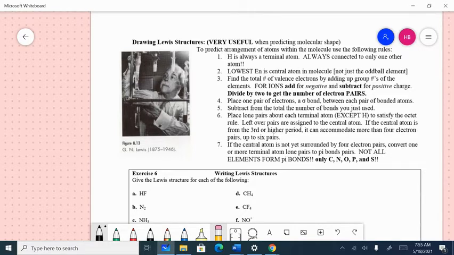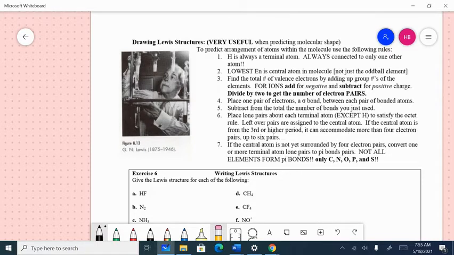The next step is to add the number of valence electrons in the compound. Once you add the number of valence electrons in the compound, that's exactly how many electrons you will represent. No less, no more. Every single time you need to represent every electron a compound has.